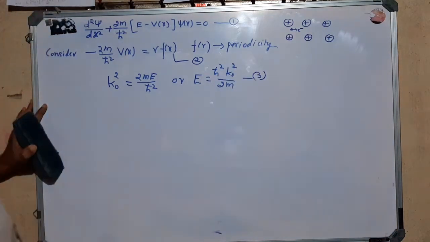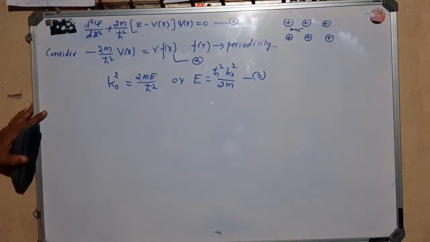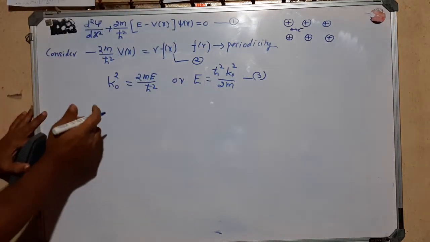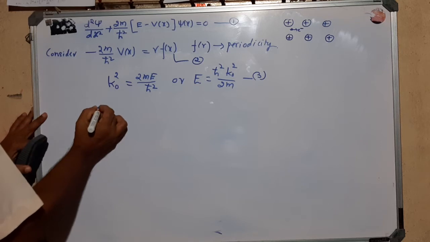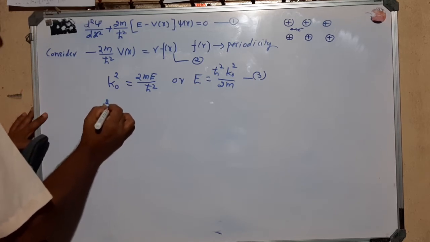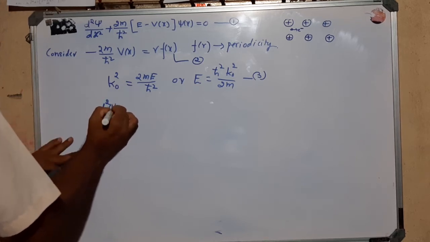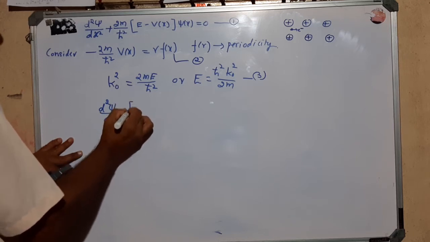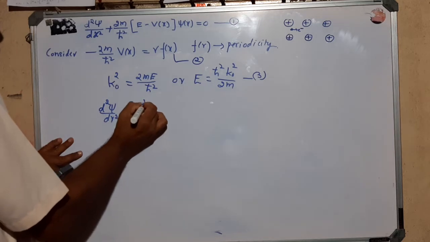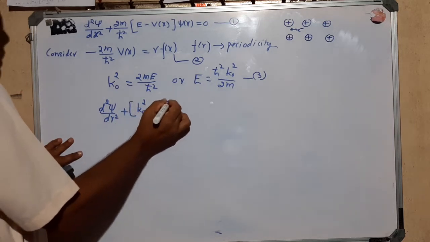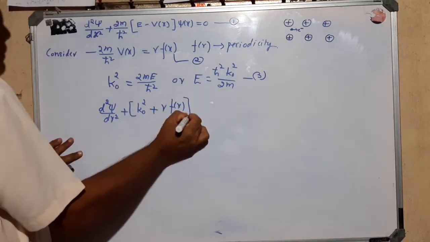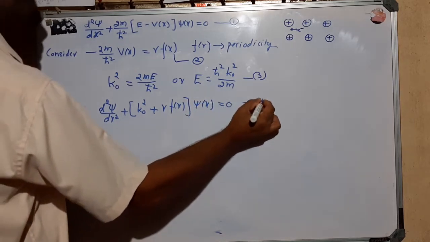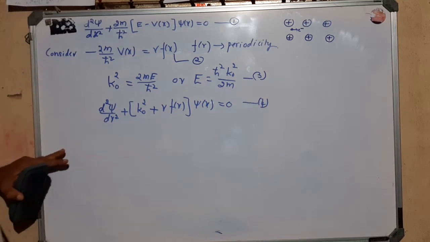Now you apply conditions 2 and 3 in equation number 1 and rewrite it, you will get d²ψ/dx² + [k₀² + γ f(x)]ψ(x) = 0. That is equation number 4.